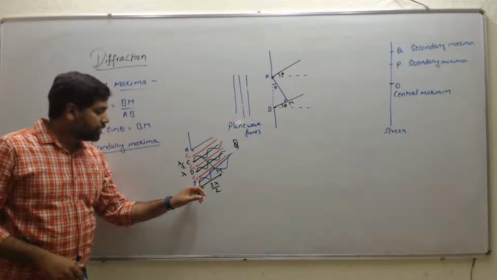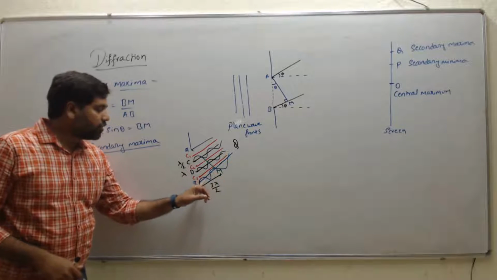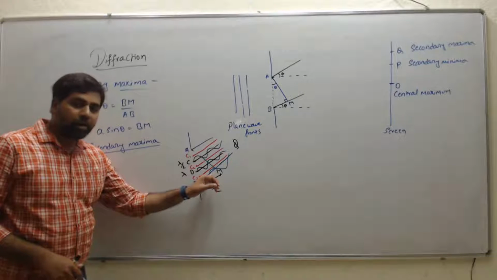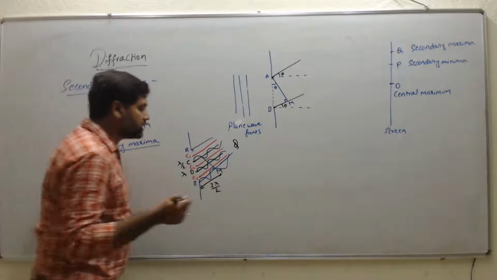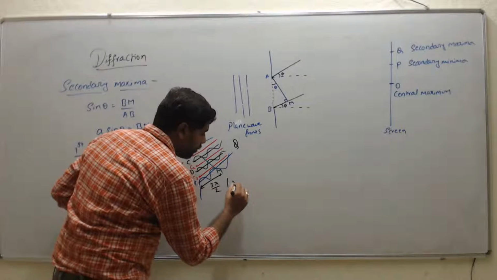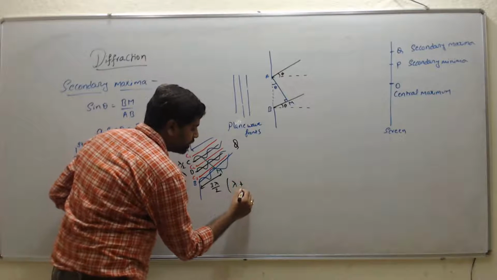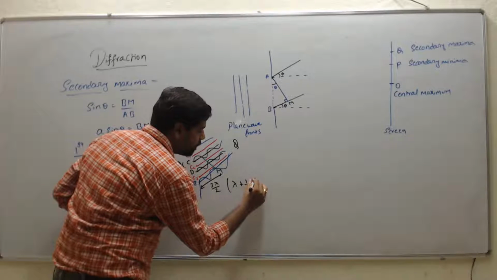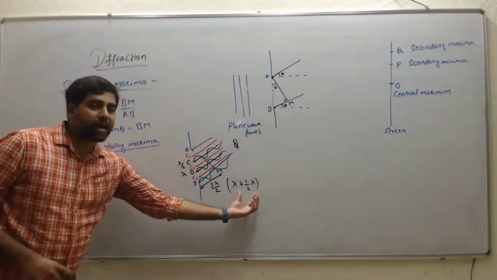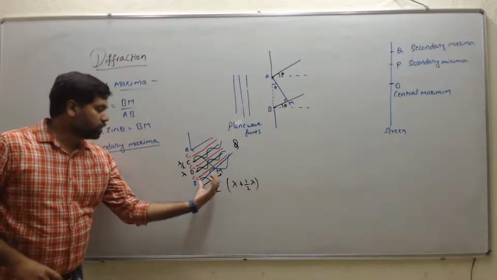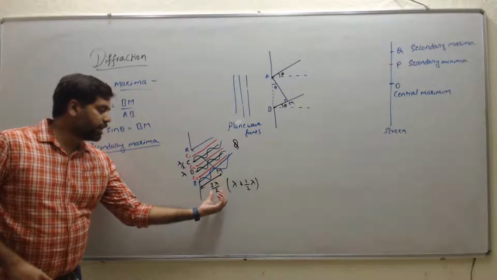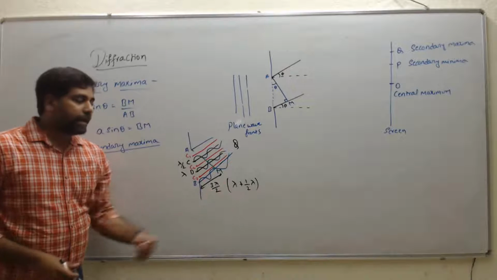Finally, at B and M we get one full wave and one half wave, that is 3 lambda by 2, the path difference between P and M.